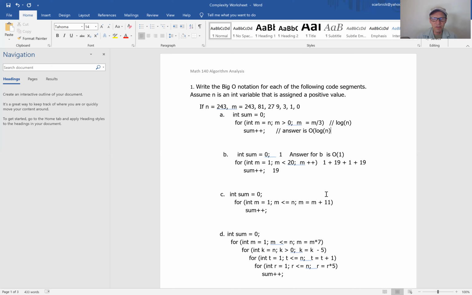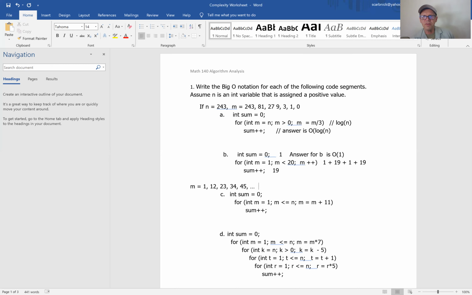Okay, so now let's look at the counter variable, and now that's arithmetic, right? To get to the next value of m, so m starts at 1, m is equal to 1, and then you keep adding 11, 12, 23, 34, 45. Okay, so the difference between any two consecutive values of m, we can always get the next value of m by adding 11. That's what makes it arithmetic.